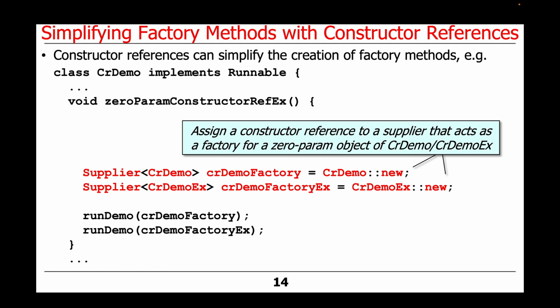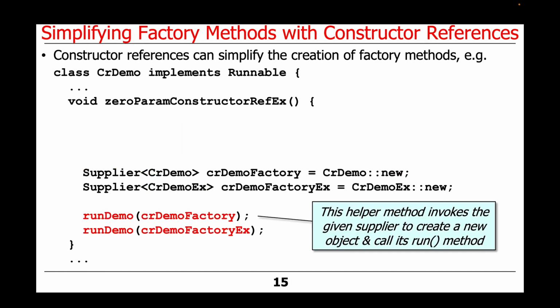They're parameterized by either the CRDemo or CRDemoEX classes that we've defined. We also provide the corresponding constructor references for either CRDemo::new or CRDemoEX::new. So we've now got two suppliers that have been initialized with constructor references that will make different instances of different types of objects.